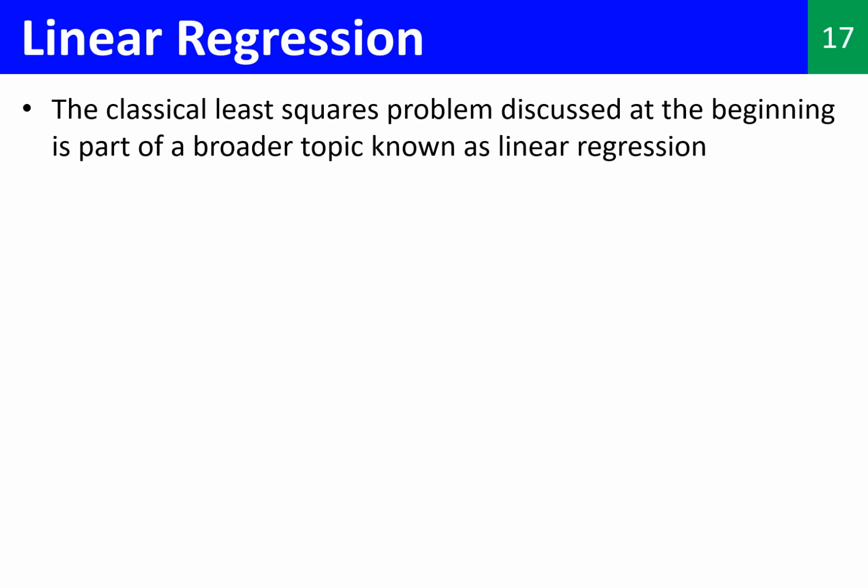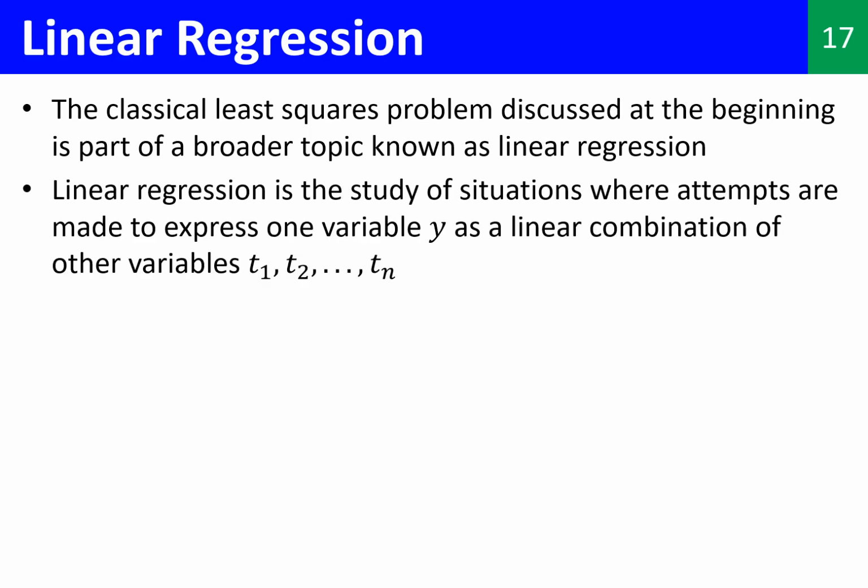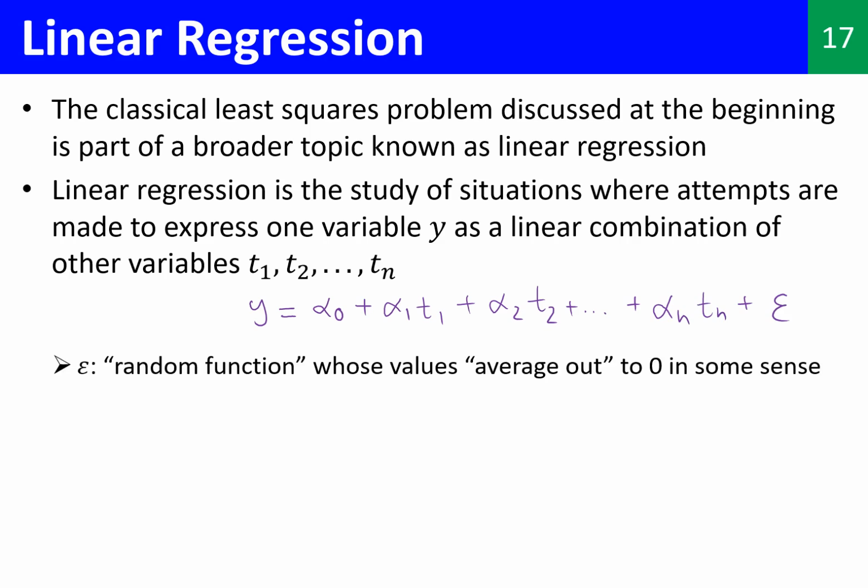Okay, so we have y equals alpha naught plus alpha 1 t1, alpha 2 t2, and alpha n tn plus epsilon. Epsilon is a random function whose values will average out to 0. Okay.